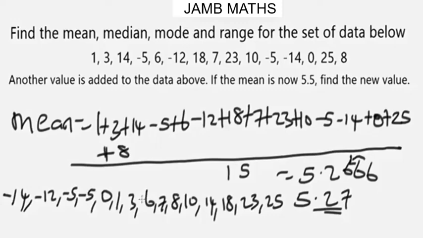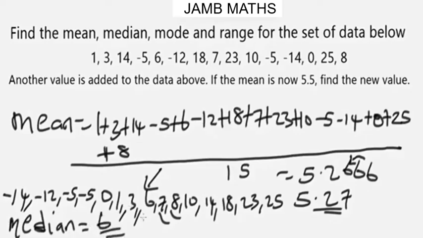Let's count 6 numbers from the left and from the right respectively, and stop there. Then the middle value is 6. So the median is 6, and that will be the median for this question.